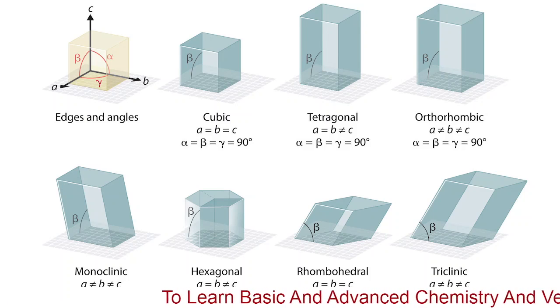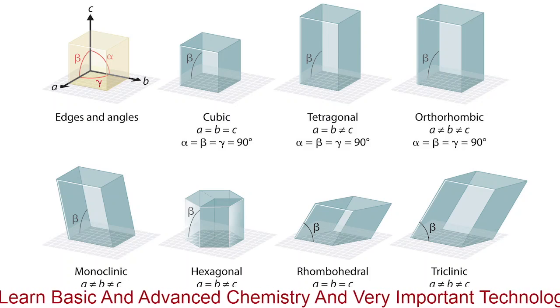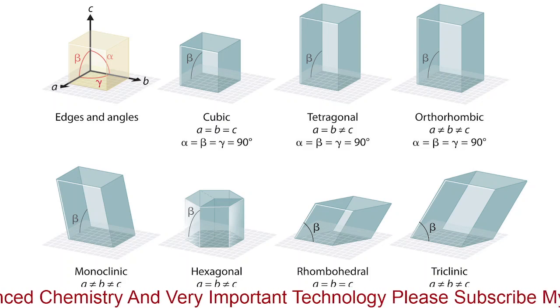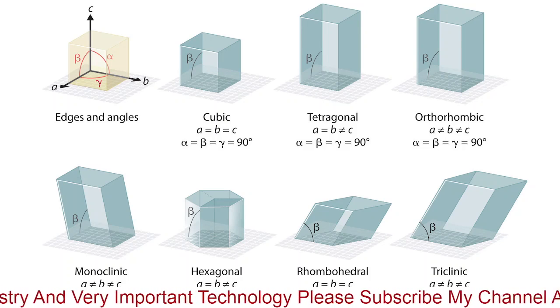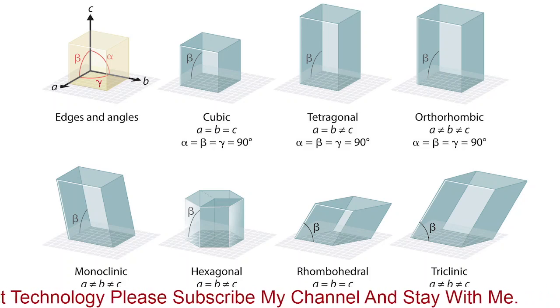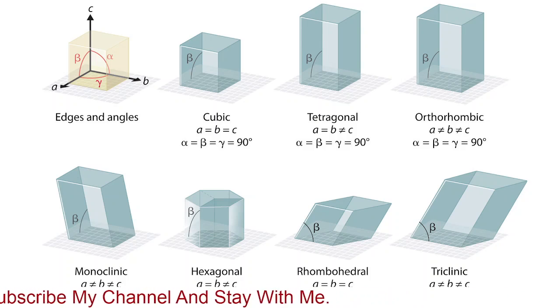Yes, Professor. Okay, then see, this is the tissue box. If you can see the tissue box, then you can easily understand this. It has 6 different sides, 1 2 3 4 5 and 6.